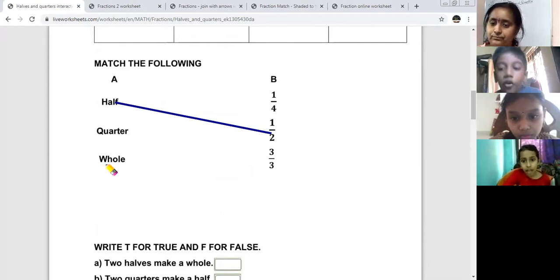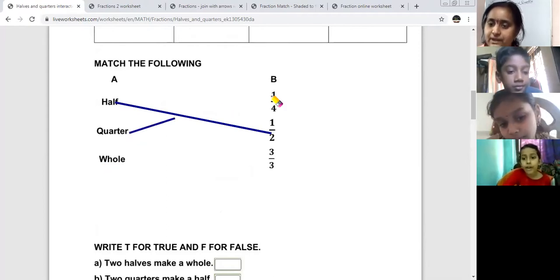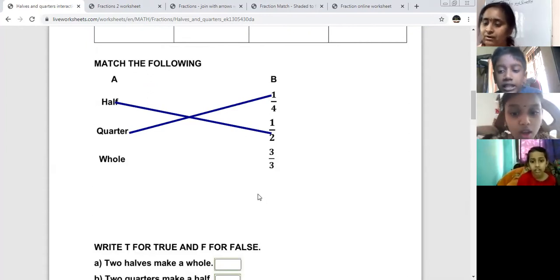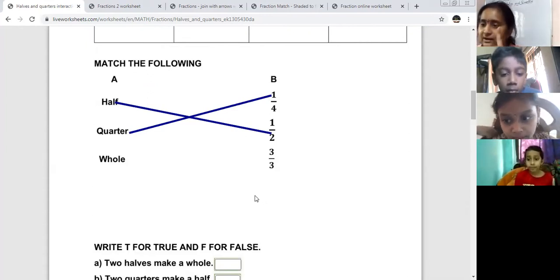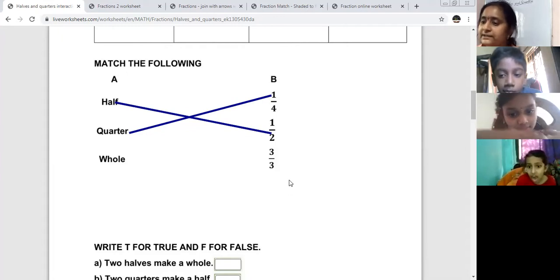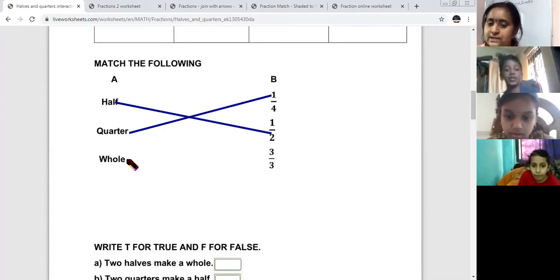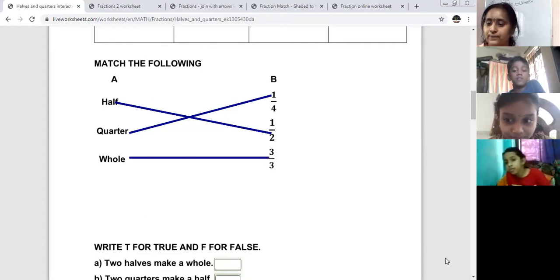The first one, 1 by 4. Whole? 3 by 3. Whole means 1. 3 by 3, how much will we get? 3 goes into 3 one time, so it is equal to 1. So whole is nothing but 3 by 3. Very good.